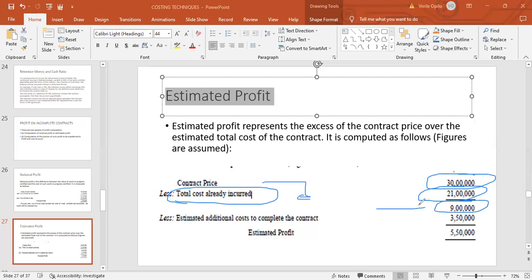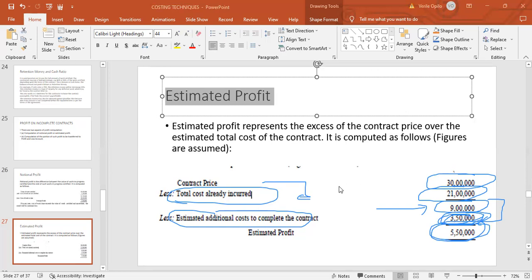But this is not going to be retained in the business because there is an estimated additional cost. For us to be able to complete this project, we're going to incur an extra 350,000. So given that being the case, once the project has been completed, it is estimated that if these are the only other costs we'll incur, then the company is likely to make a total estimated profit of 550,000.